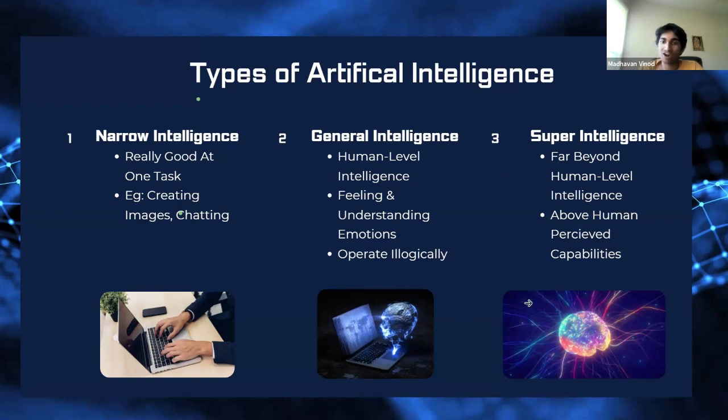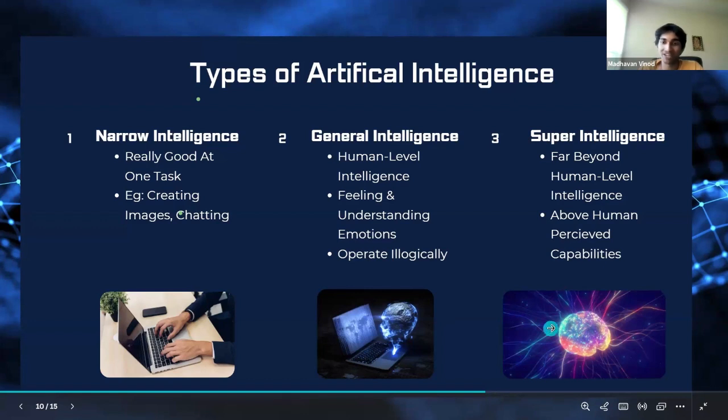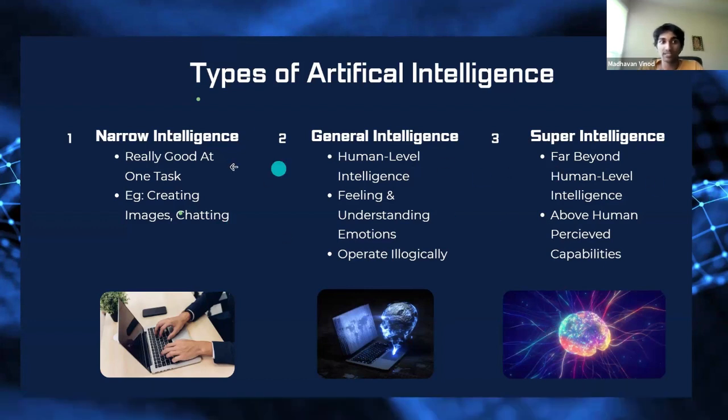Now, even in superintelligence, there are things that people perhaps think cannot be done by software simply because it's not a human. We're not going to be going into that. But in short, we have artificial narrow intelligence, all your ChatGPT, Siri. Siri is good at listening.